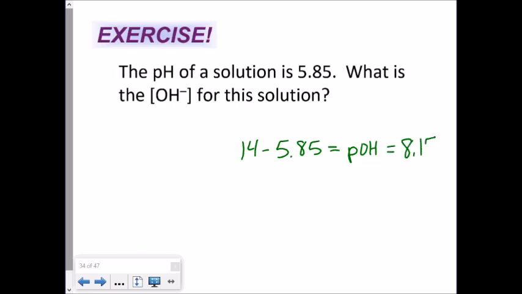Then I can just do 10 to the negative 8.15 and get my hydroxide concentration. Does anybody have that pop into their head first? You could also find the hydrogen concentration and use the Kw equation. This is the fastest way I can think of, but like I said, if you think Kw, you can use the Kw one.